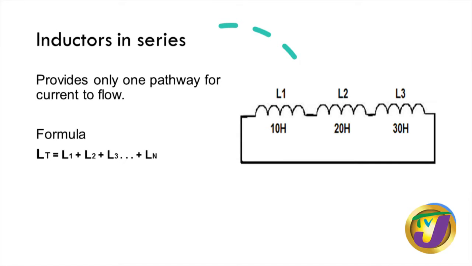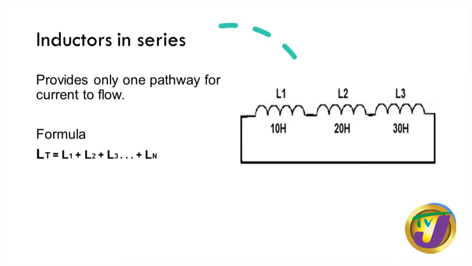From that, we can derive our formula that the total inductance, LT, is equal to the sum of the inductors within the circuit. So here we would have the formula LT equals L1 plus L2 plus L3. You can have a varying amount of inductors within a circuit, and the formula doesn't change. If you have 4 inductors, you'd have L1 plus L2 plus L3 plus L4, and so on and so forth.